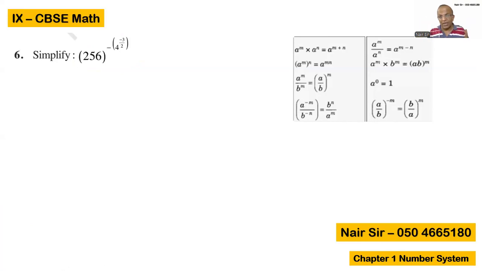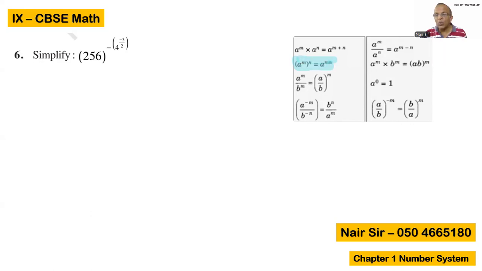Now, there are approximately 8 formulas, and it is not that all the formulas are tested in all the questions. There are some specific formulas which are being tested. In this question, this particular formula comes into highlight, number one.